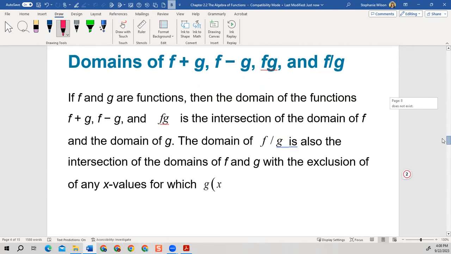All right. Now let's talk about domains of f plus g, f minus g, f of g, f times g, and f divided by g. I'm going to fill in some of the spots that are missing the letters here. So what it's saying is if f and g are functions, then the domain of the functions f plus g, f minus g, and f times g is the intersection of the domains, right?